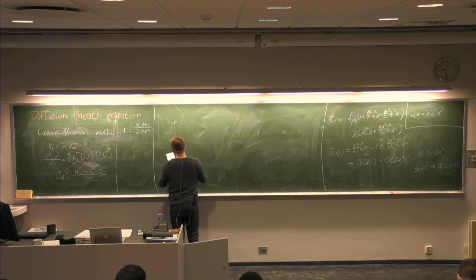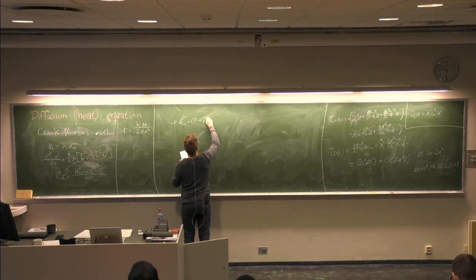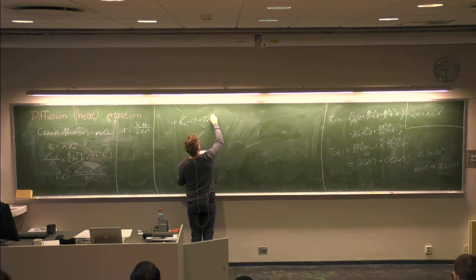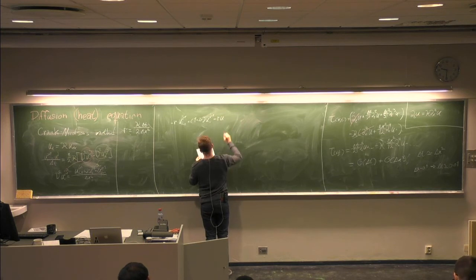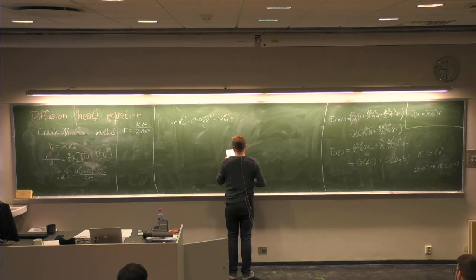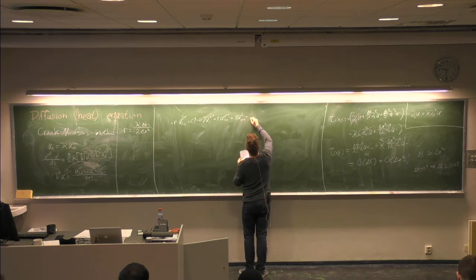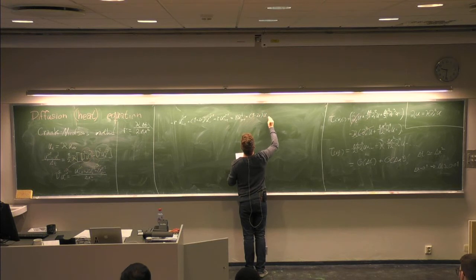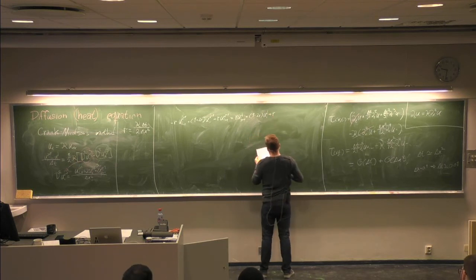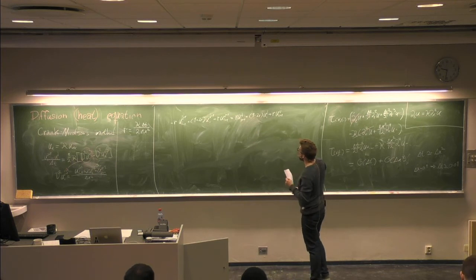We will get minus r u_i minus 1 j plus 1 plus 2 r u_i j plus 1 minus r u_i plus 1 j plus 1 equals r u_i minus 1 j plus 1 minus 2r u_i j plus r u_i plus 1 j. So there you see they have kind of a neat system.